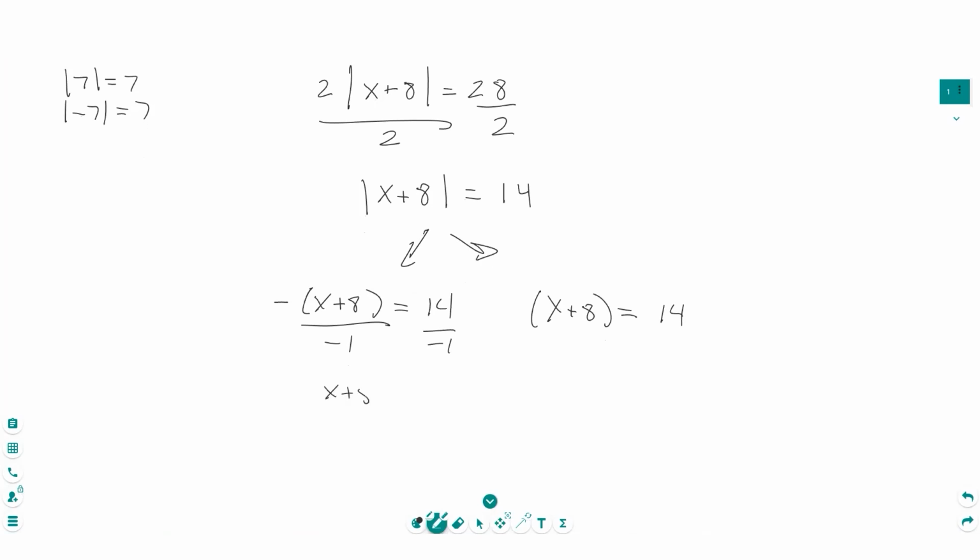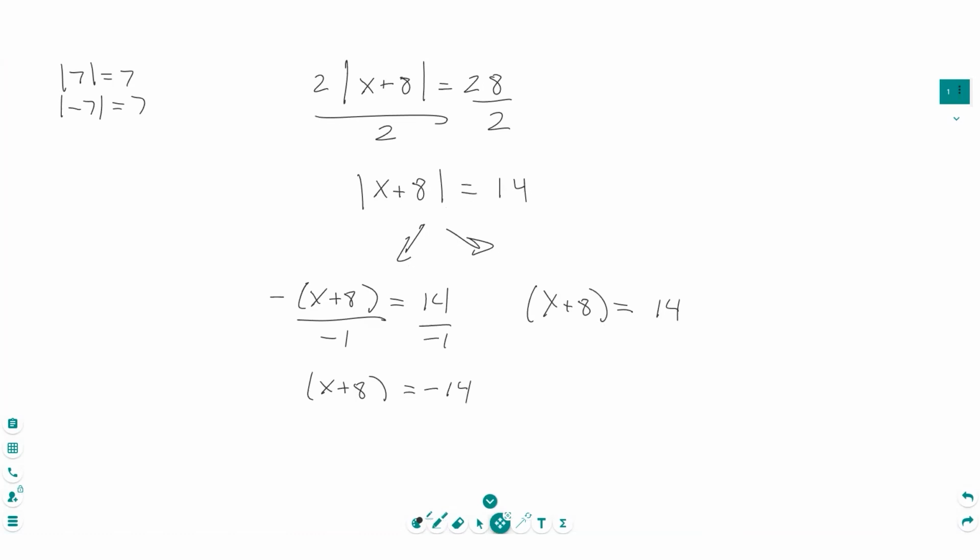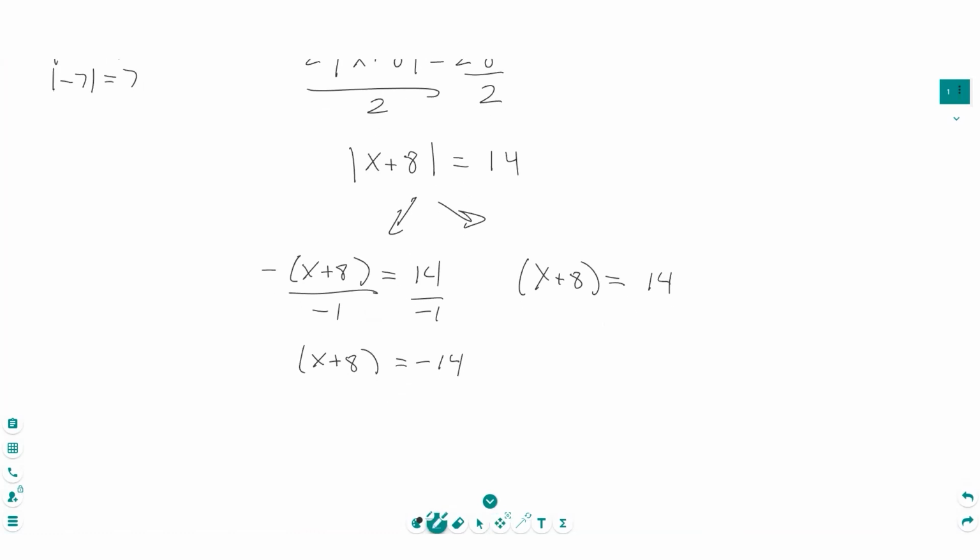That gets the negative off the left side of the equation and makes the 14 negative. I don't need the parentheses anymore, so I have a very simple equation. Now I subtract 8 from both sides, and that is -22. So that's one possible answer.